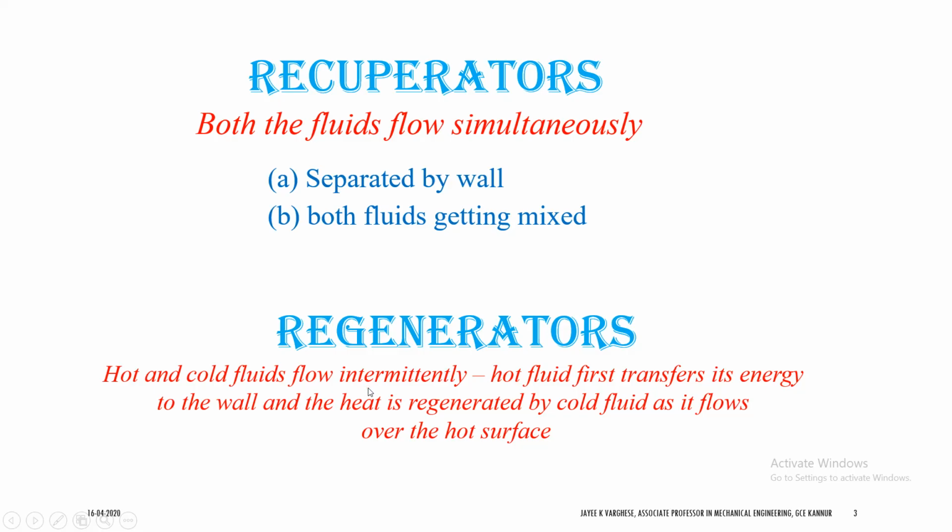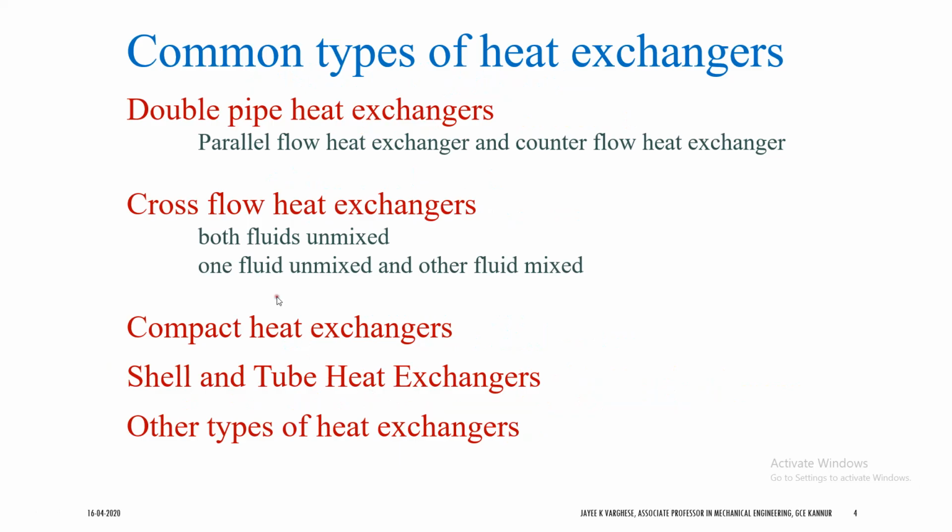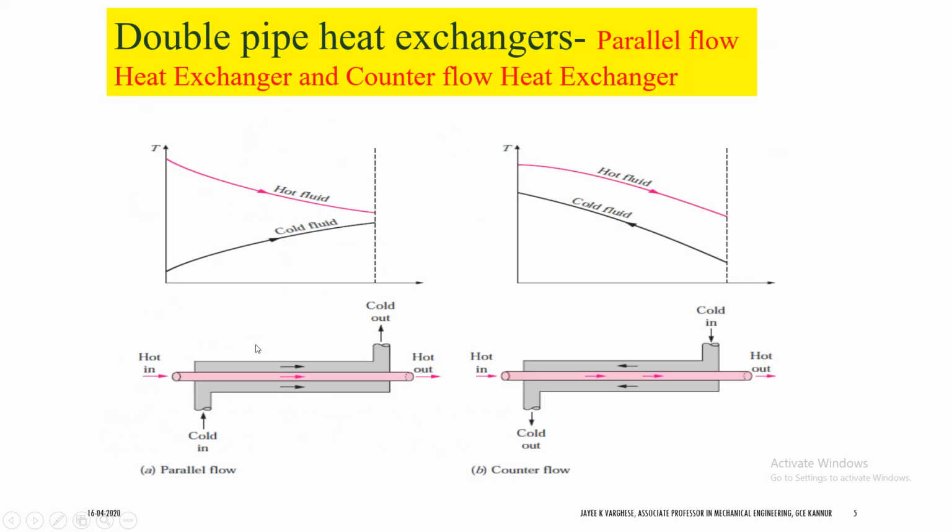But the more important classification is based on construction. You can have a double pipe heat exchanger, cross flow heat exchanger, compact heat exchanger, and shell and tube heat exchangers. We will not discuss any special type of heat exchanger other than these mentioned here.